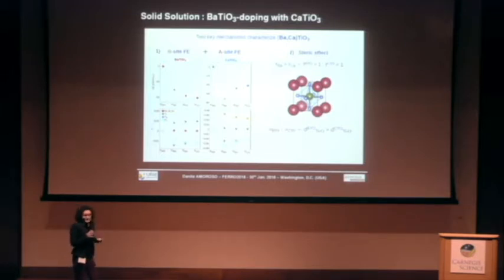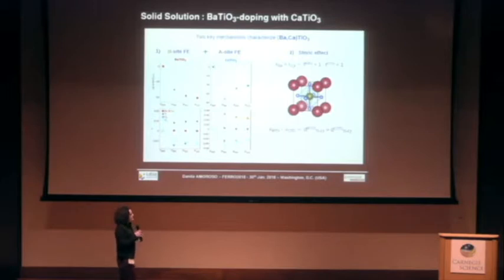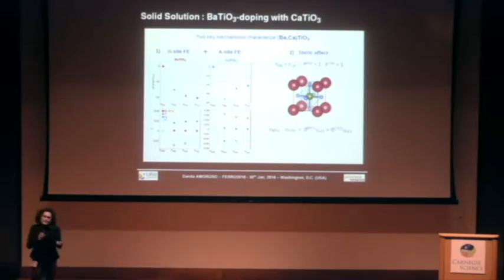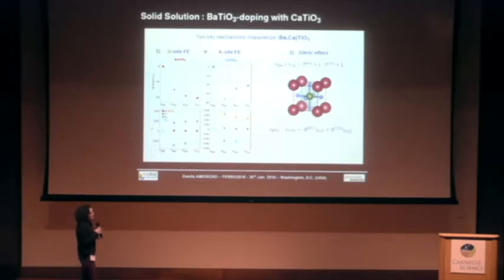On top of this, we have steric effects, because we know that calcium is bigger than barium, and because of this, the volume of calcium titanate is smaller than the volume of barium titanate. And this is reflected in the fact that the titanium-oxygen bond length is contracted in calcium titanate with respect to BTO.